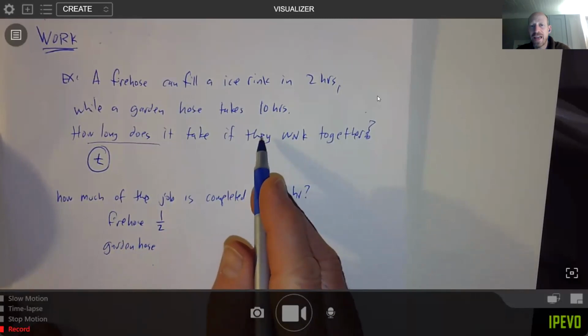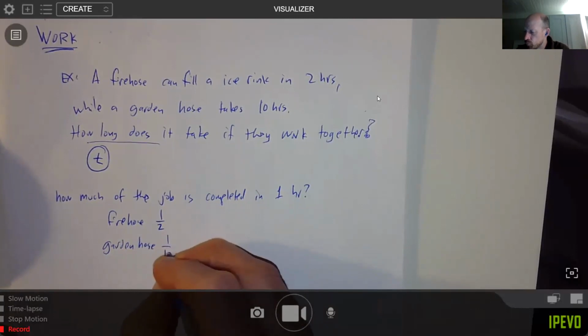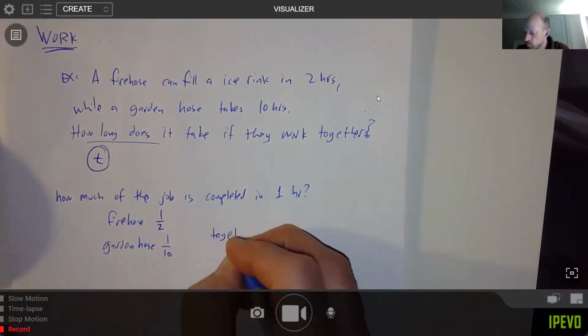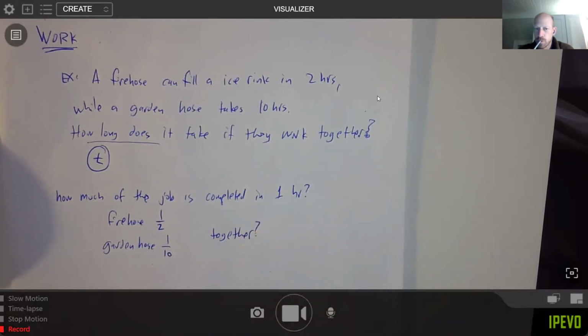Well, it takes 10 hours to fill up the whole ice rink. So in 1 hour, it's only done 1/10 of the job. We assume it does sort of an even amount over time.